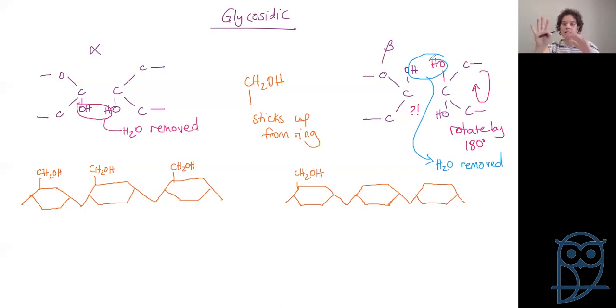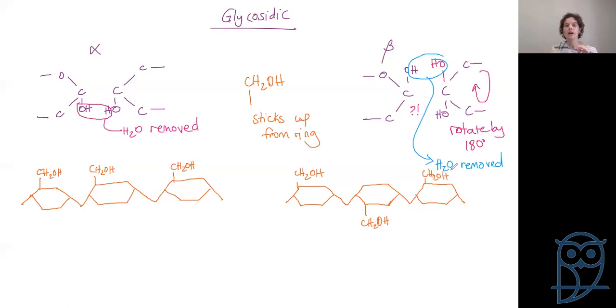But remember we've rotated the second ring. So we've taken the ring and instead of sticking up, we've now rotated it. So it's sticking down. So the CH2OH is now going to be pointing below the ring. CH2OH. The next one, okay, we're going to have to rotate so that we can bond again. So it's going to stick up.